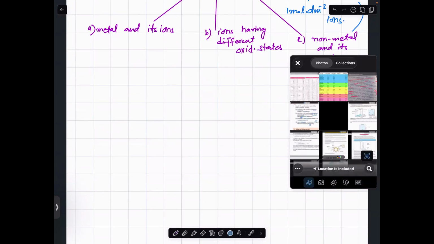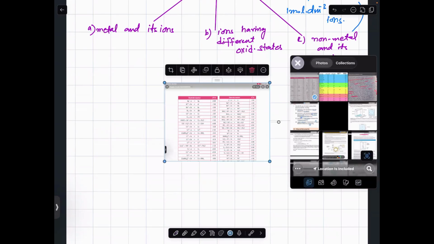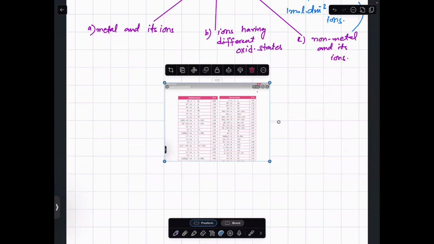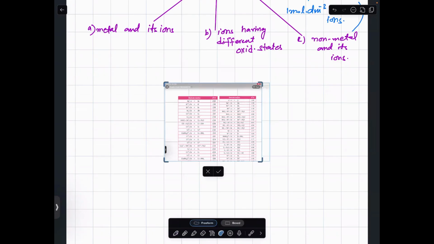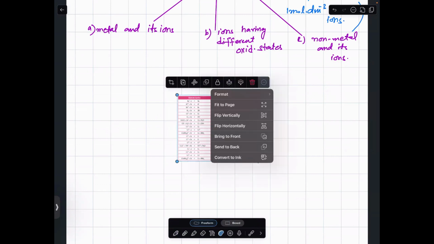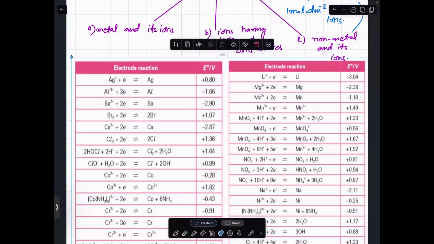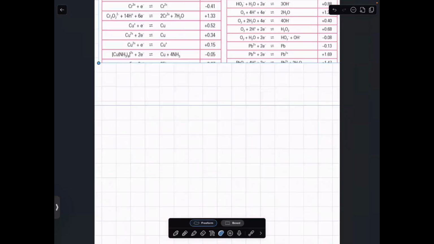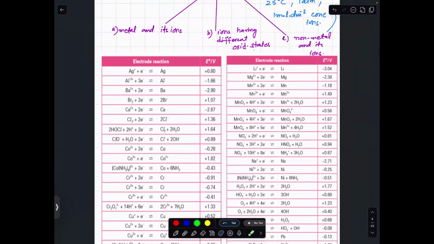Look, if I share the data booklet with you, this is not the complete data booklet; I've just copied some of them. Is this metal and its ion? Yes, so this is the first case. What about this?